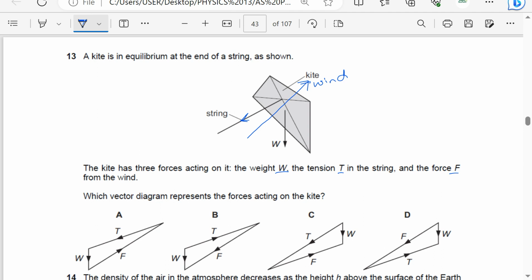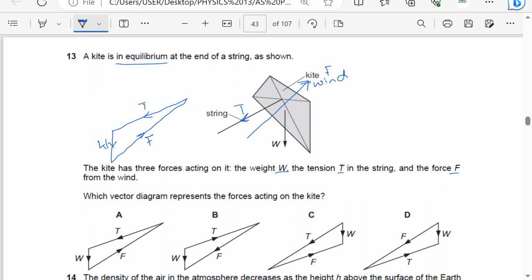If the kite is in equilibrium, there should be a force to balance these two: the weight, the tension in the kite, and the force from the wind, which is called F. So if I try to draw this as a vector diagram, then I'll have the tension in the string, which is in that direction, and on the head of the tension I'll add the weight, which is W. Since it is equilibrium, this should point in this direction so that we have a closed triangle.